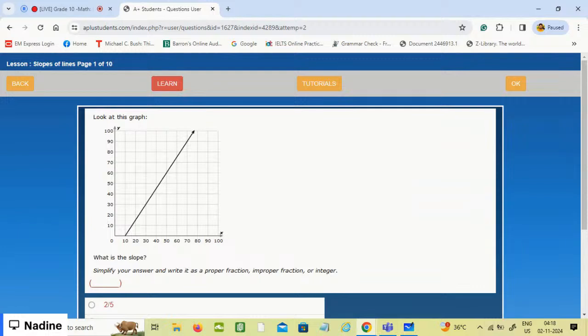Look at this graph. What is the slope? Let's just calculate the 2 points, right? This is the first one. X is 10, y is 0.